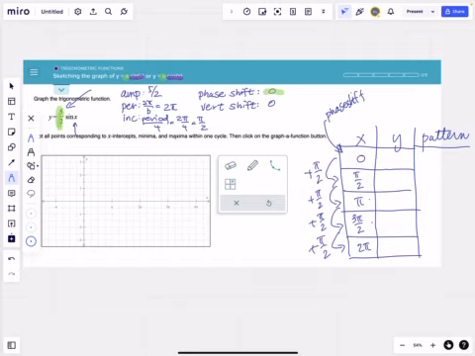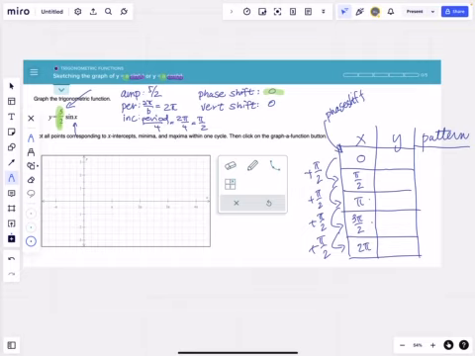Now our y column is going to depend on 2 things. There are 2 things that are going to impact it here. Well, 3, but in this case only 2. 1, the function is going to tell us the pattern we need to follow. 2, the amplitude is going to tell us how high and low we need to go. And 3, if there's a vertical shift, that's going to affect things as well.